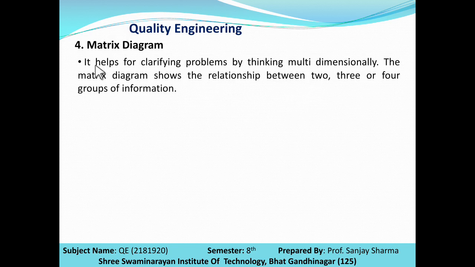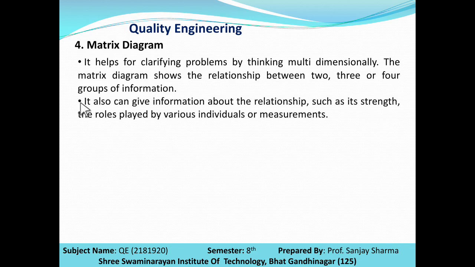So in a matrix diagram, the person or the owner or the responsible person has to think in a multidimensional direction. Here it shows the relation between two, three or more groups of information.